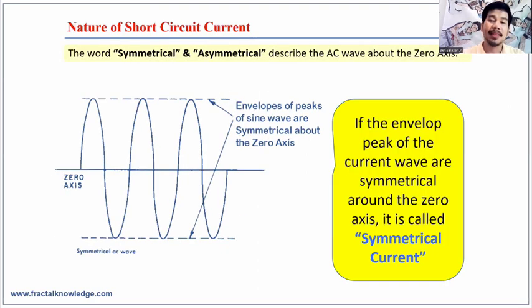The words symmetrical and asymmetrical describe the AC wave with reference to the zero axis, the axis of symmetry. If the peak of the current wave is the same on the lower and upper peak around the zero axis, we call it symmetrical current, as you can see on the screen.